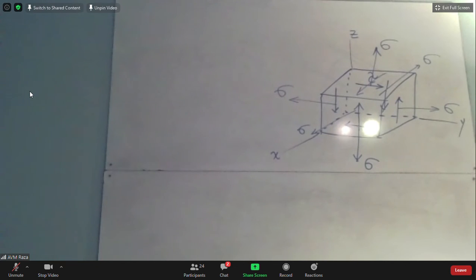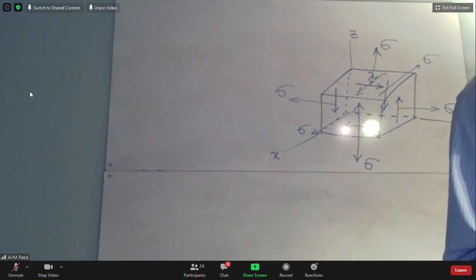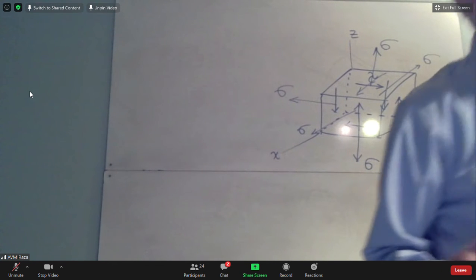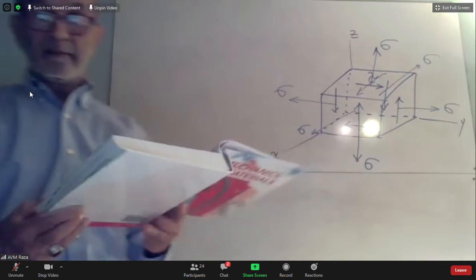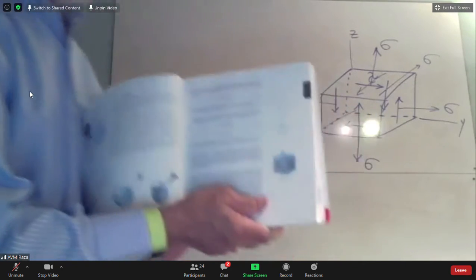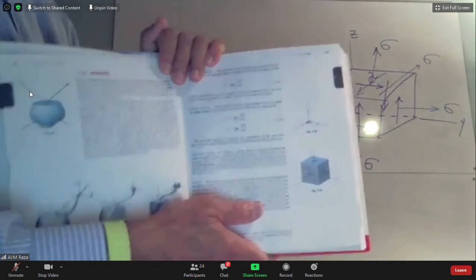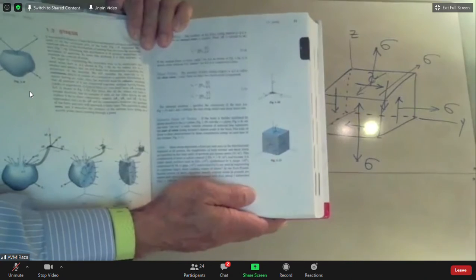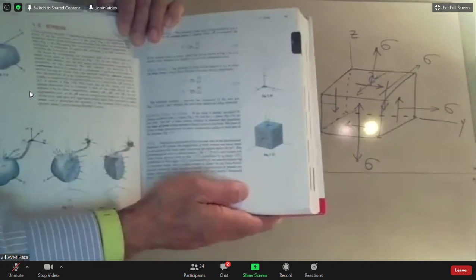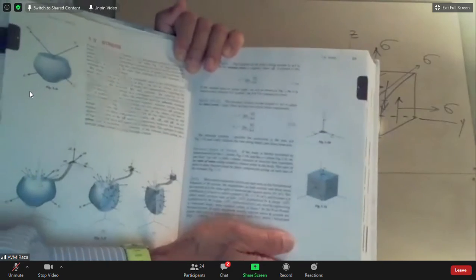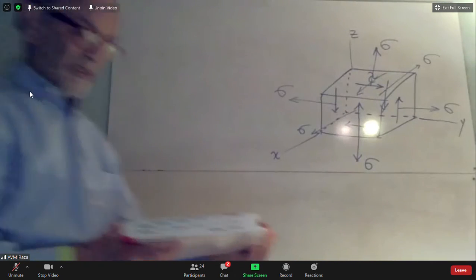Oh, there it is. It's figure 1-11. I'm not able to see it, but are you able to see this little figure there? Is it at all visible? It's a little blurry. Yeah, so just go on your books and see figure 1-11.